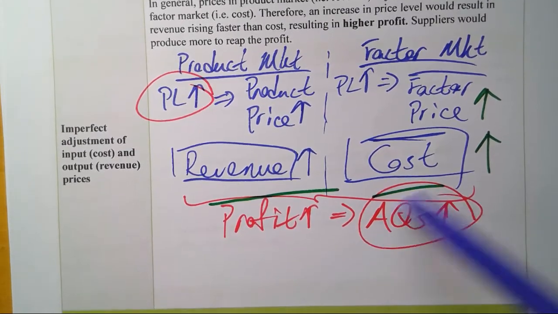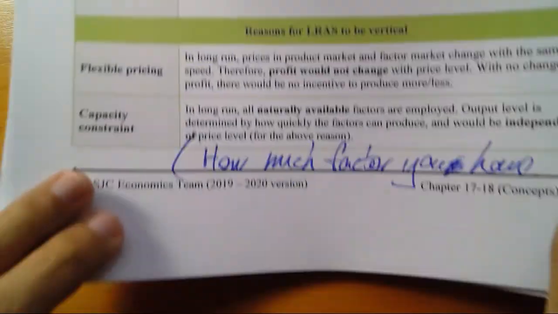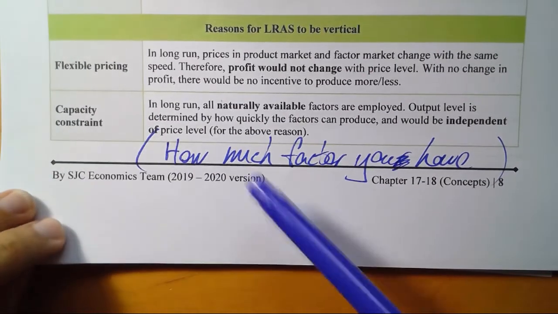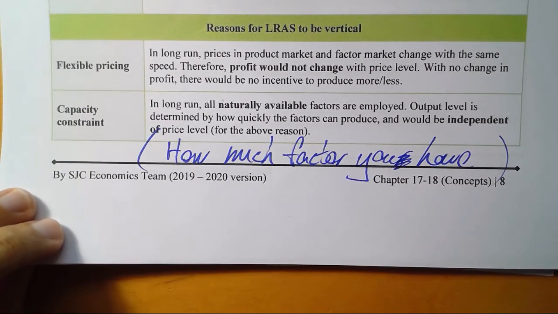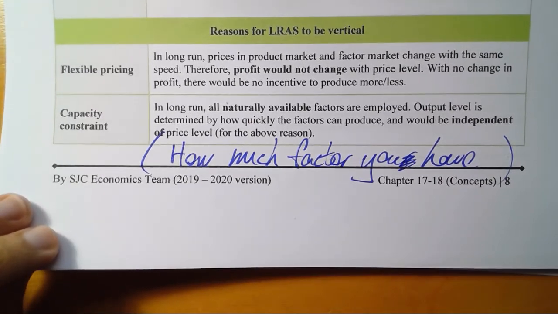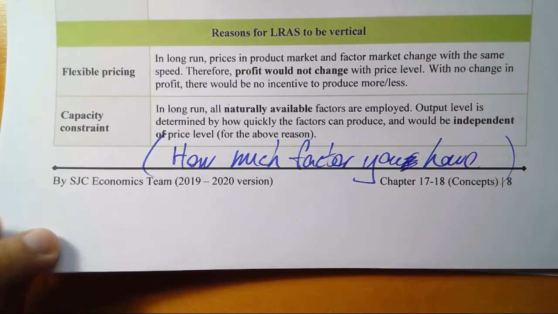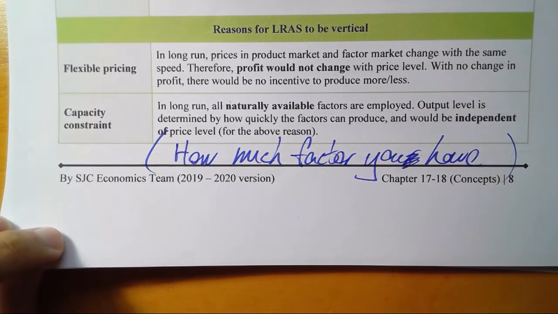Won't earn more, won't make more. So how much do they make? It depends on how much they have in terms of factor. 係咪佢究竟手頭上有幾多手牌啦？Okay, so we call it capacity constraint.